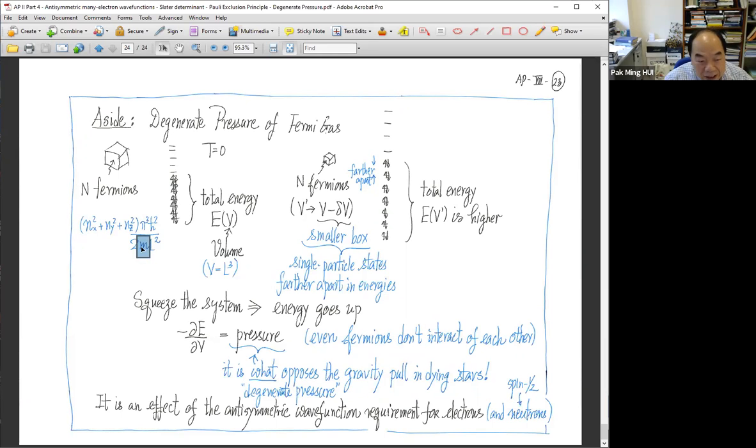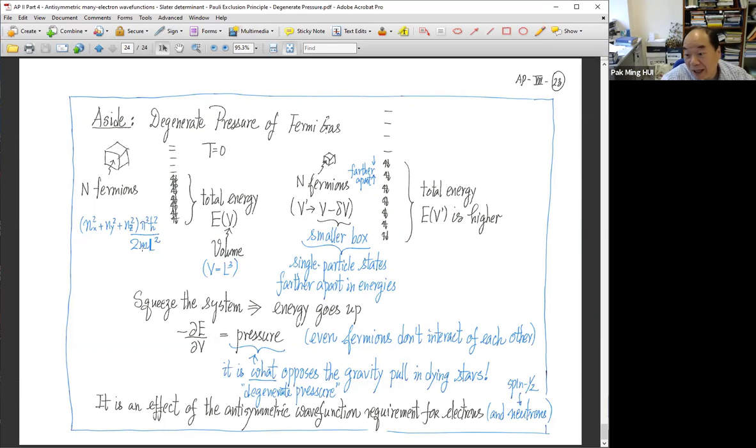So the degenerate pressure exerted by the electrons in a dying star gives you a pressure to oppose the gravitational pull, okay? And sometimes it can balance it for a long time, millions of years.